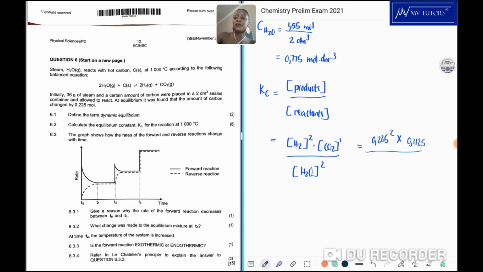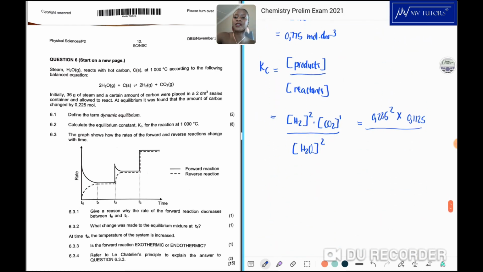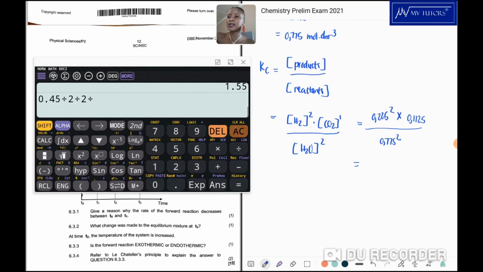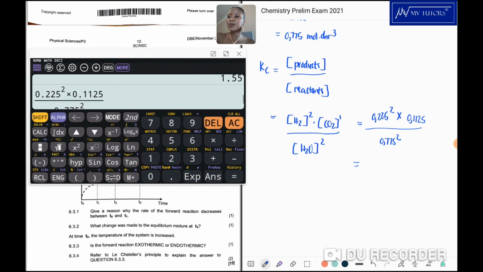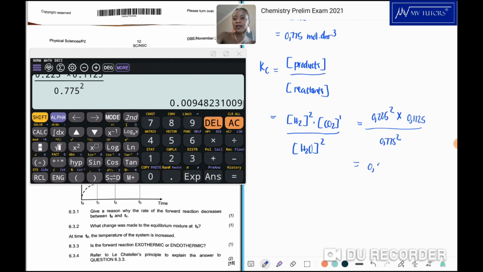And for the steam, we have 0.775 squared. Guys, this was laborious, but it is worth the 8 marks. So 0.225 squared times 0.1125 all over 0.775 squared. So I have 0.0095.